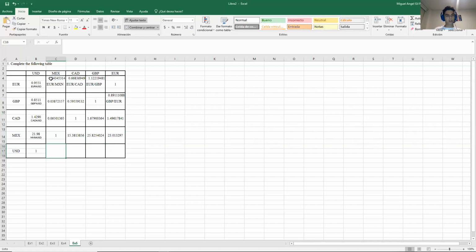And finally, with the dollar, the only way to calculate the dollar over peso is by doing the inverse of the peso over dollar. So it will be 1 over this. I don't have it in here. Yes, right. And then 1 over 1.4290, and then 1 over 0.8511, and then 1 over 0.9551.